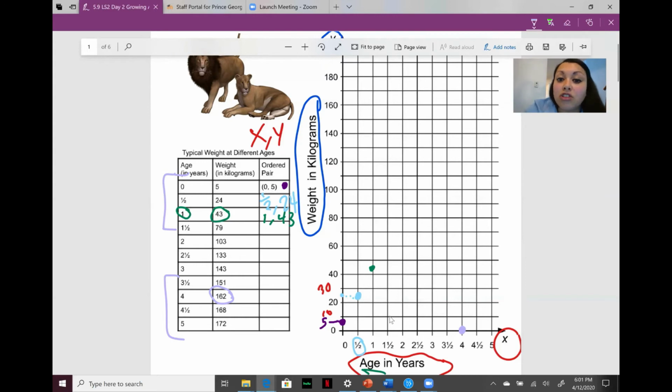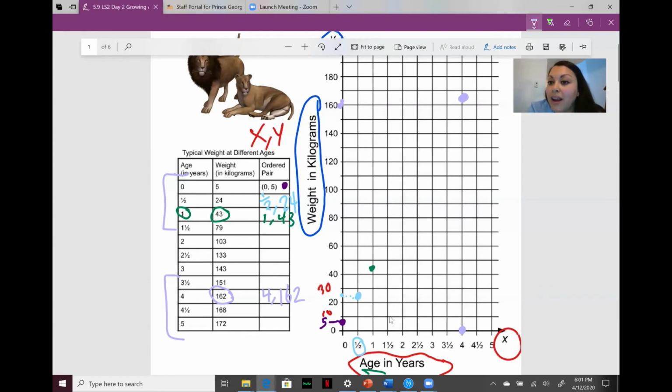I can see that 160 is up here, so 162 is just going to be above it. So I go across, and this is 4. So that point is right there. So 4 years old, and then up, meaning 162 kilograms. Again, 4 and then 162.